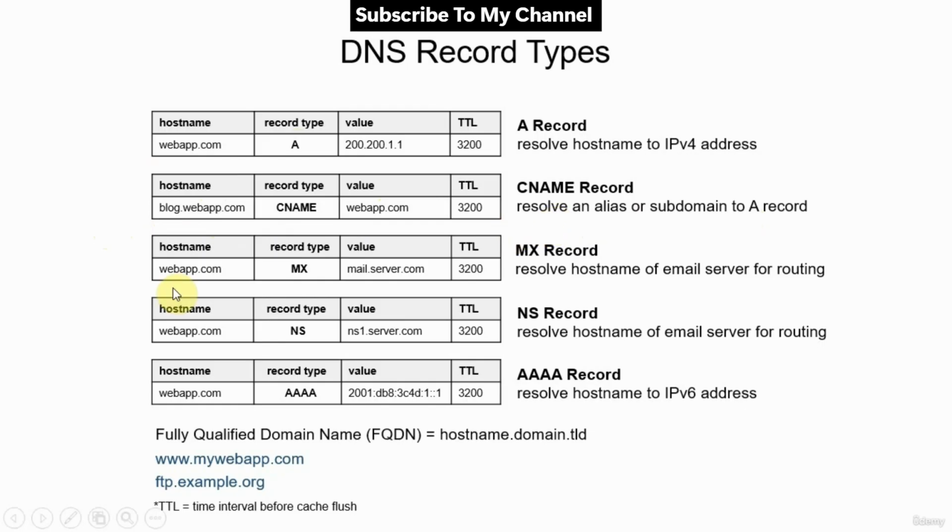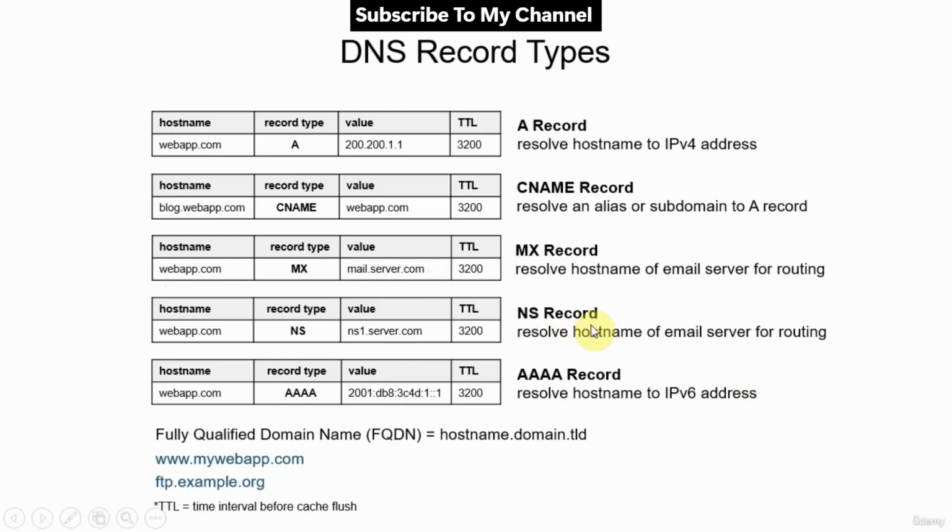That's all it is. Then you've got MX records, and that resolves the host name of an email server for routing purposes. So you've got webapp.com as the host name, and what's its email server, mailserver.com. So that'll be returned, the IP address of that. So that's just mail servers. And then NS records are the host names of the name servers.